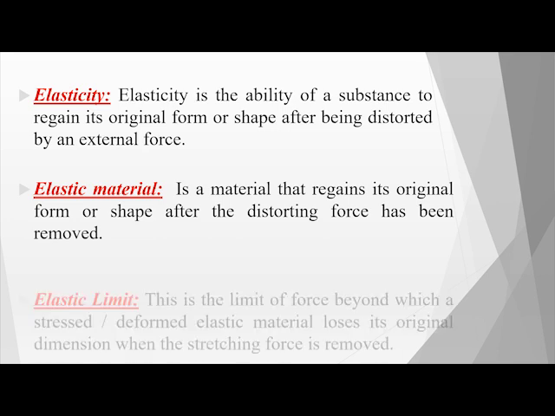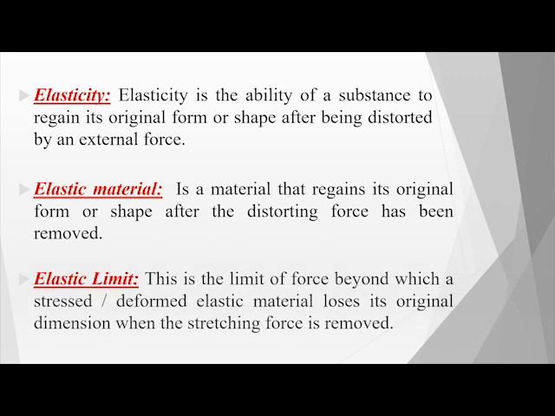Elastic limit. This is the limit of force beyond which a deformed elastic material loses its original dimension after the removal of the external force. This is to say that if the applied force is beyond the elastic limit, the material will no longer behave as an elastic material or a perfect elastic material.